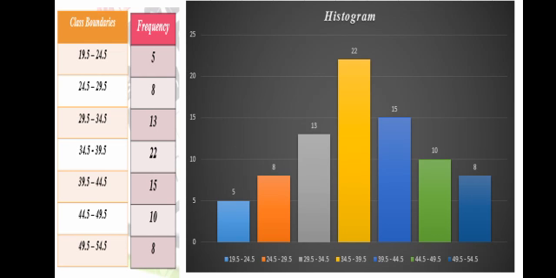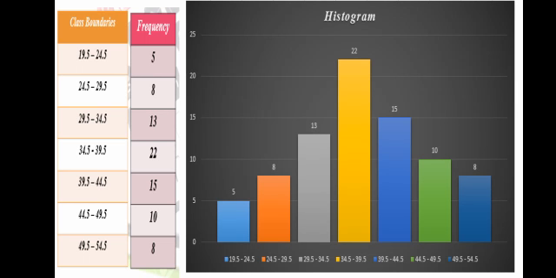Now on the x-axis, you will take the class boundaries 19.5 to 24.5, then 24.5 to 29.5, 29.5 to 34.5, 34.5 to 39.5, 39.5 to 44.5, 44.5 to 49.5 and then 49.5 to 54.5.